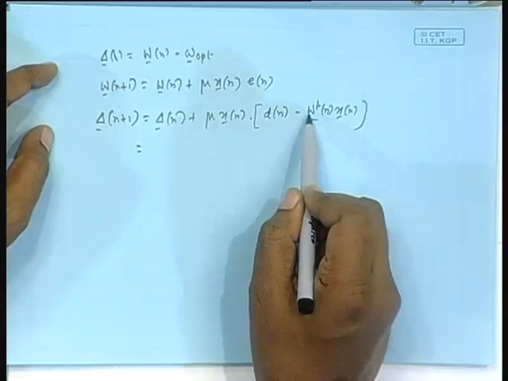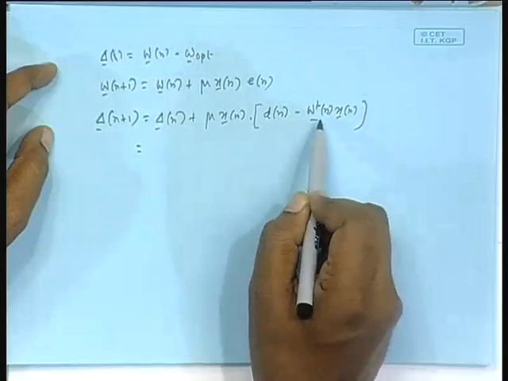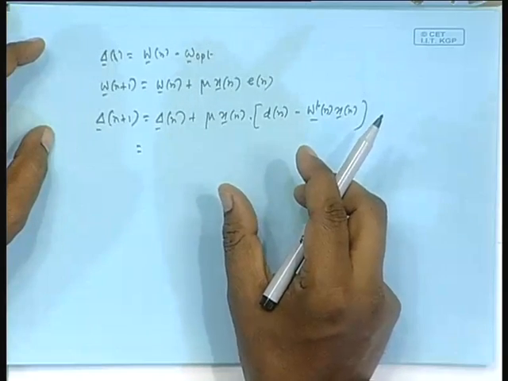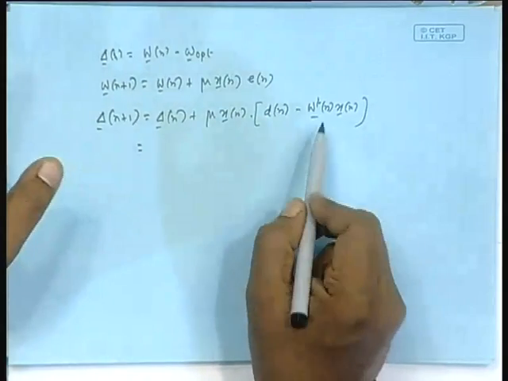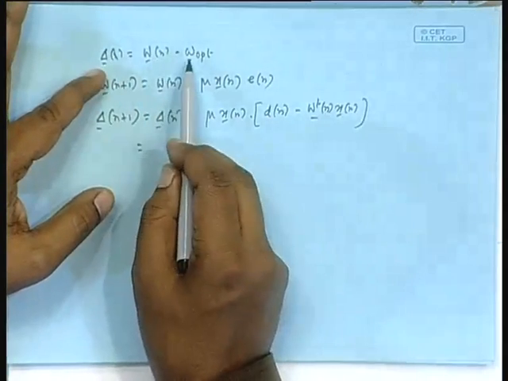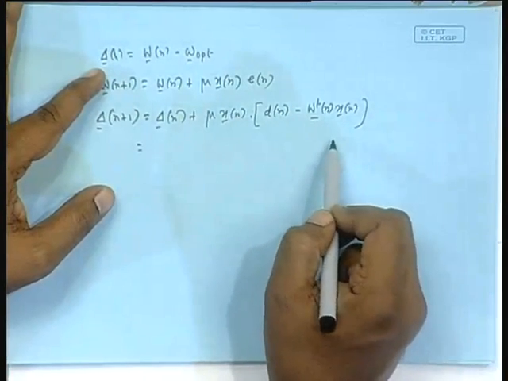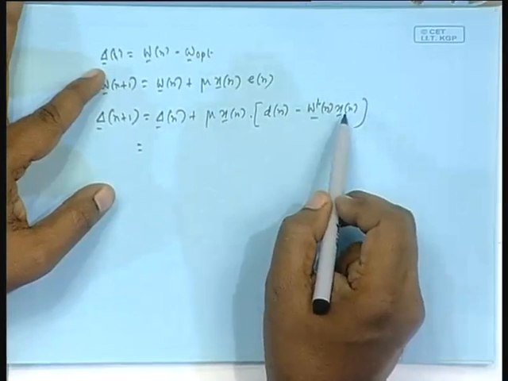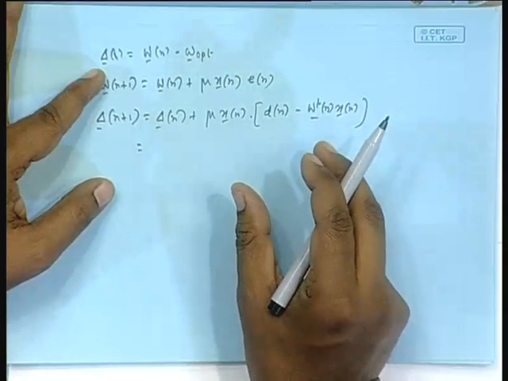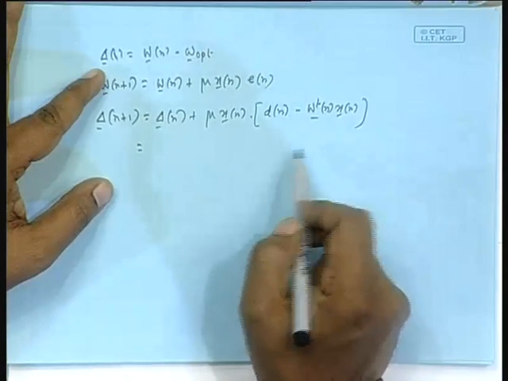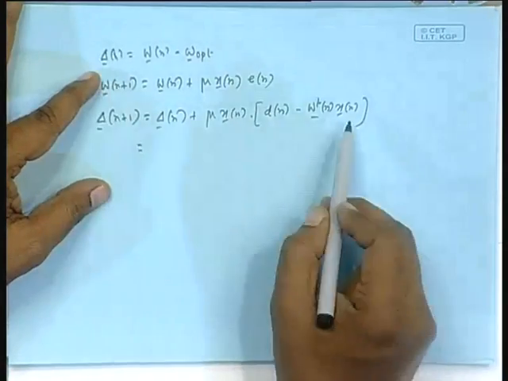If you replace W n by this plus this, there are two terms coming out of it. One is d n minus W opt transpose x n, that will be the optimal error E o n. Another is minus delta transpose x n.